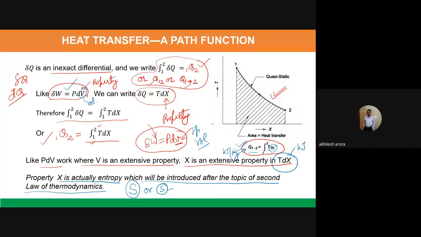The unit for S is kilojoule per Kelvin because the mass is not in the picture; I am calculating for the total mass. If it is small s, the unit will be kilojoules per kg Kelvin.